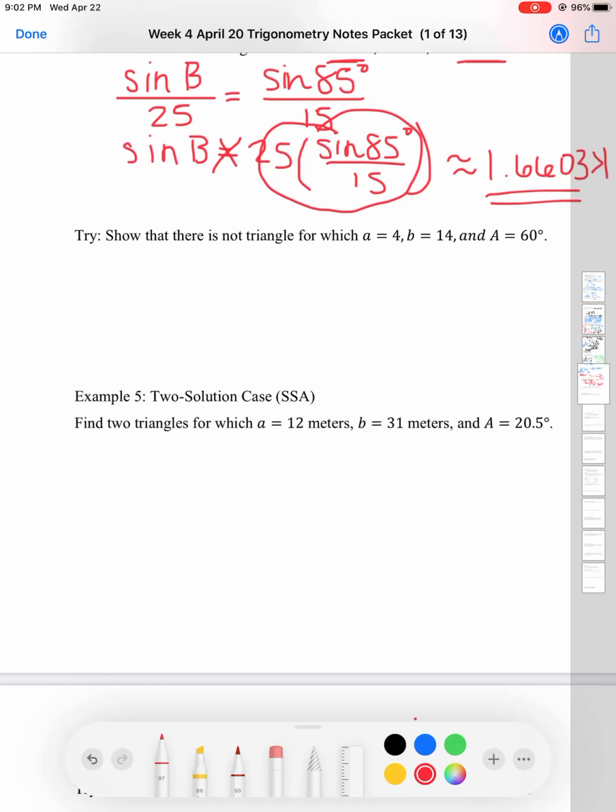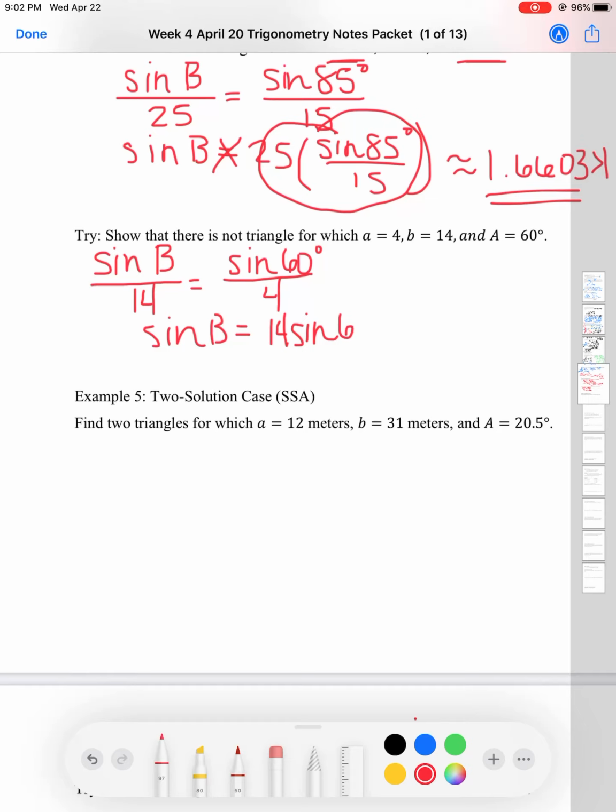So we're going to do it again here. We're going to show this again. So sine B over 14 is equal to sine of 60 degrees over 4. This would be sine B equals 14 times the sine of 60 degrees over 4.